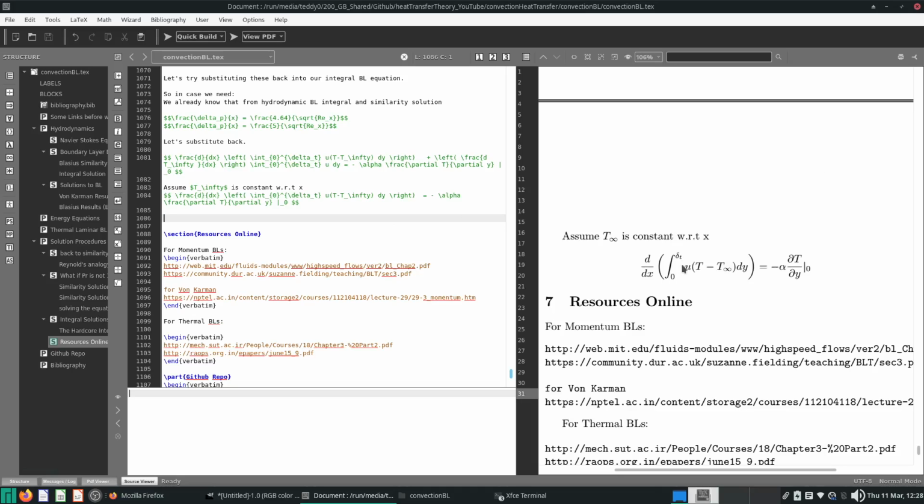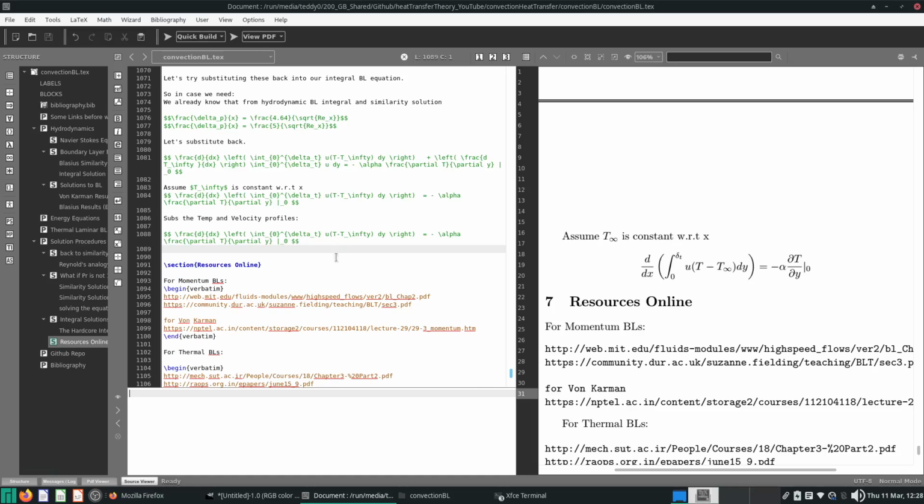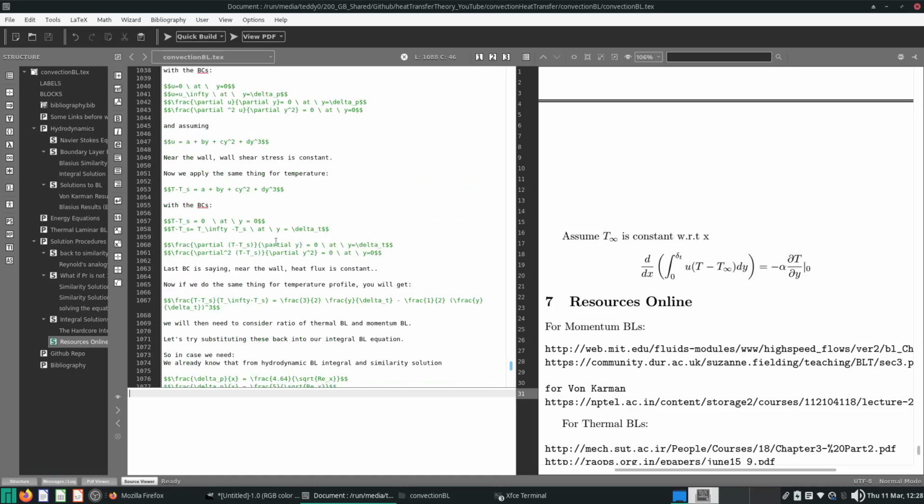So what do we do here? We'll need to substitute the expressions for u and t minus t infinity in. We have to substitute the profiles in. So let's first substitute the velocity. What's the velocity profile?